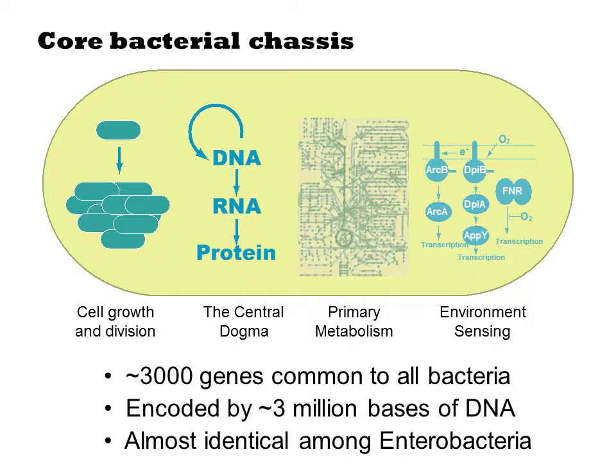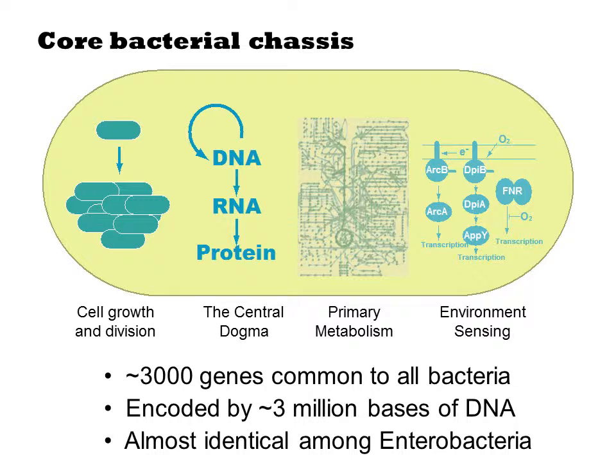Every organism minimally needs to solve four issues. They must be able to grow and divide, undergo the central dogma processes, produce the chemicals that enable the central dogma, and have the ability to respond to changes to the outside world. In practice, this requires around 3,000 genes for an autotrophic organism such as a non-pathogenic bacterium, and it is encoded by around 3 million base pairs of DNA.